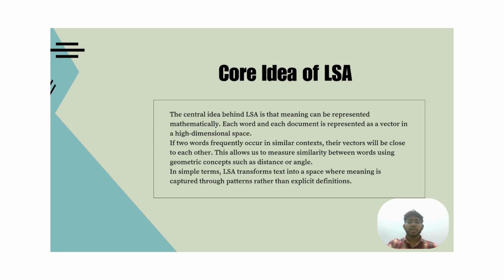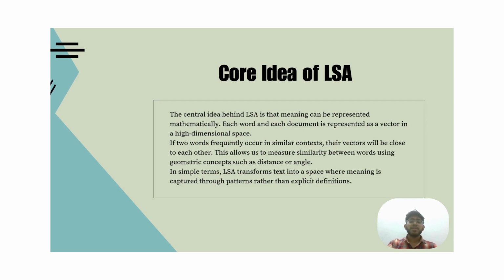Now let's discuss the core idea. The core idea of LSA is to represent words and documents as vectors in a high dimensional space. Each word is assigned a vector based on how it appears across different documents. Words that occur in similar contexts will have similar vector representations and will be located closer to each other.